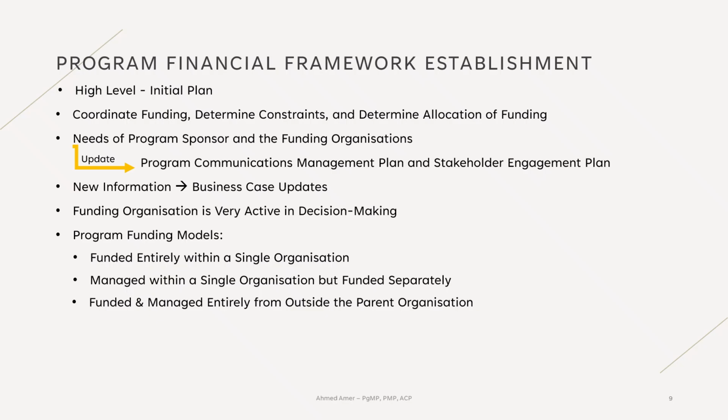This is common in government grants or industry partnerships, where an external body provides both the money and oversight. Programs that are supported by a mix of internal and external funding sources. For instance, a program may receive internal seed funding but rely on external partners for major capital injections.